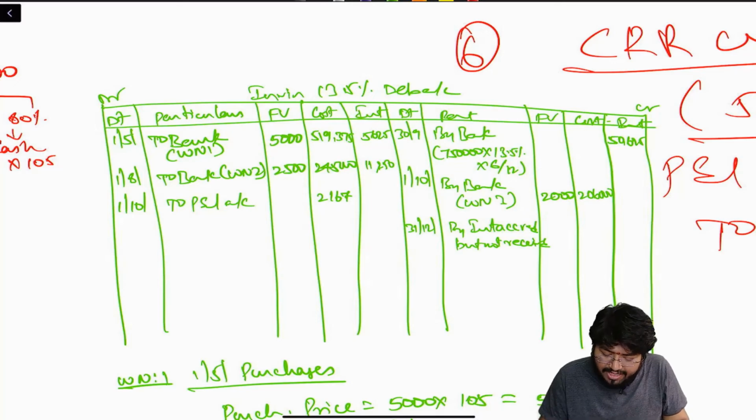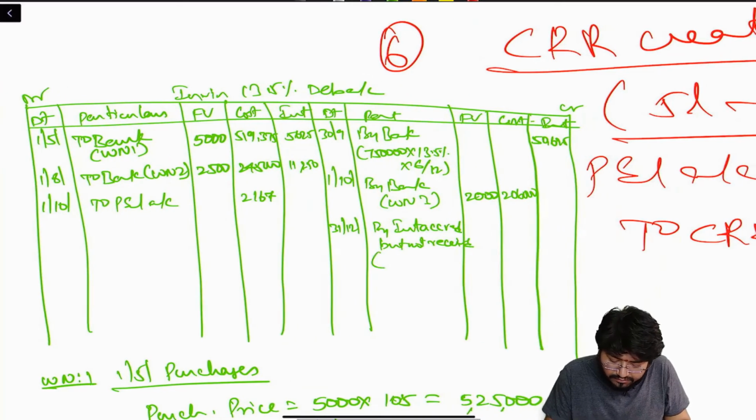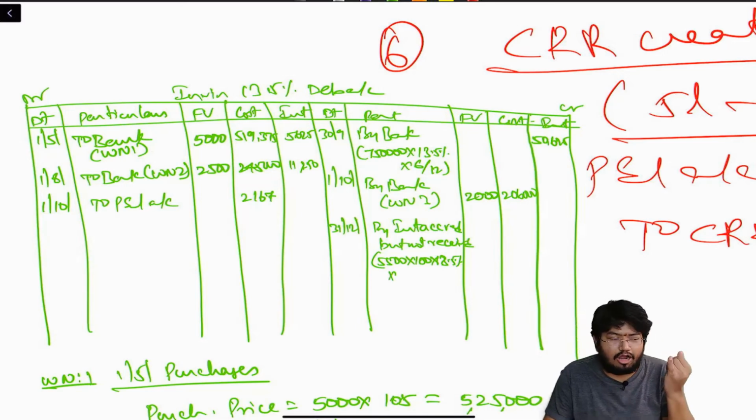So how many debentures right now do I have? I have 5,500 debentures into 100 into 13.5% into how many months is it? From September, October, November, December, 3 months, 3 by 12.